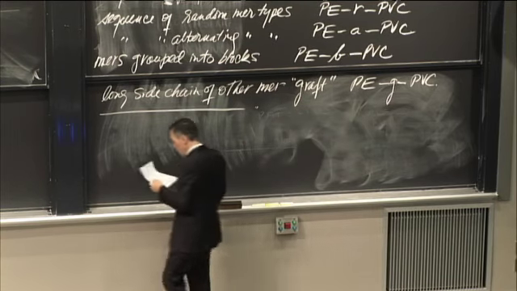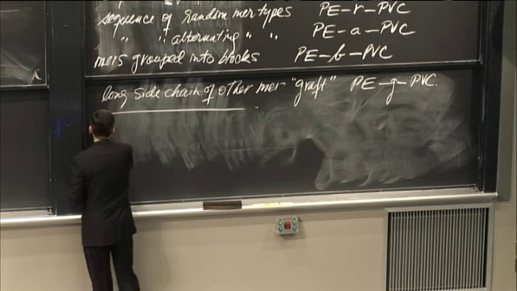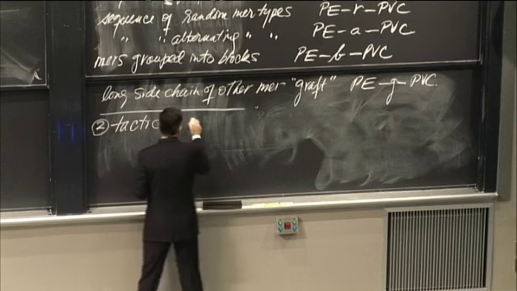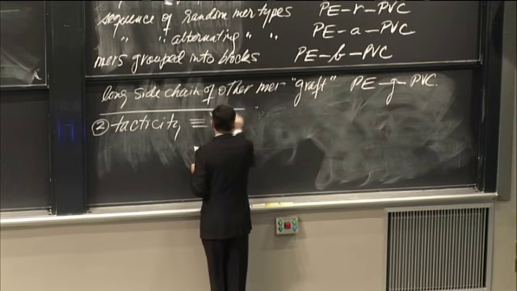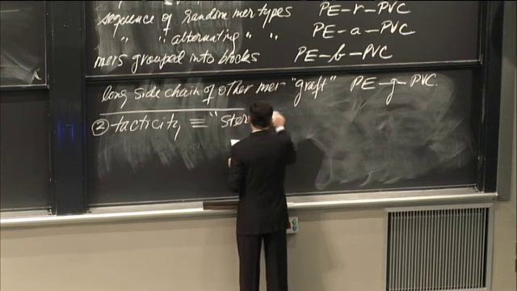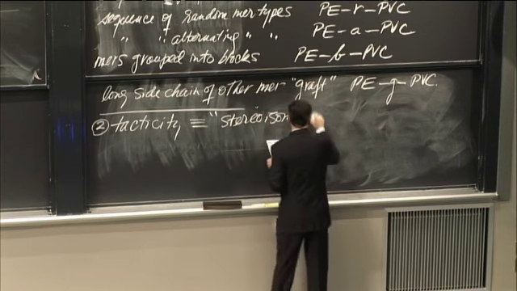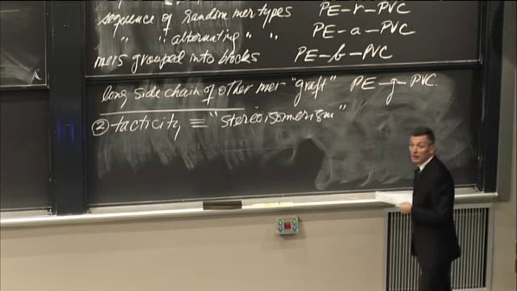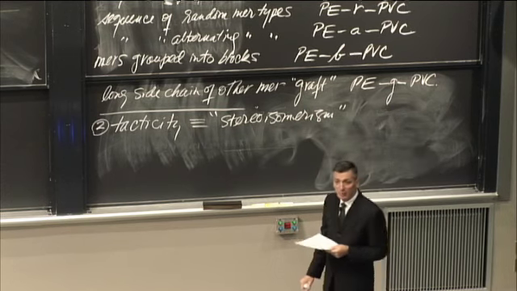Let's look at also the side group arrangement, and this is called tacticity. Tacticity, which is the equivalent of what we saw last day as stereoisomerism. Remember I showed you the cis and trans on the butadiene?